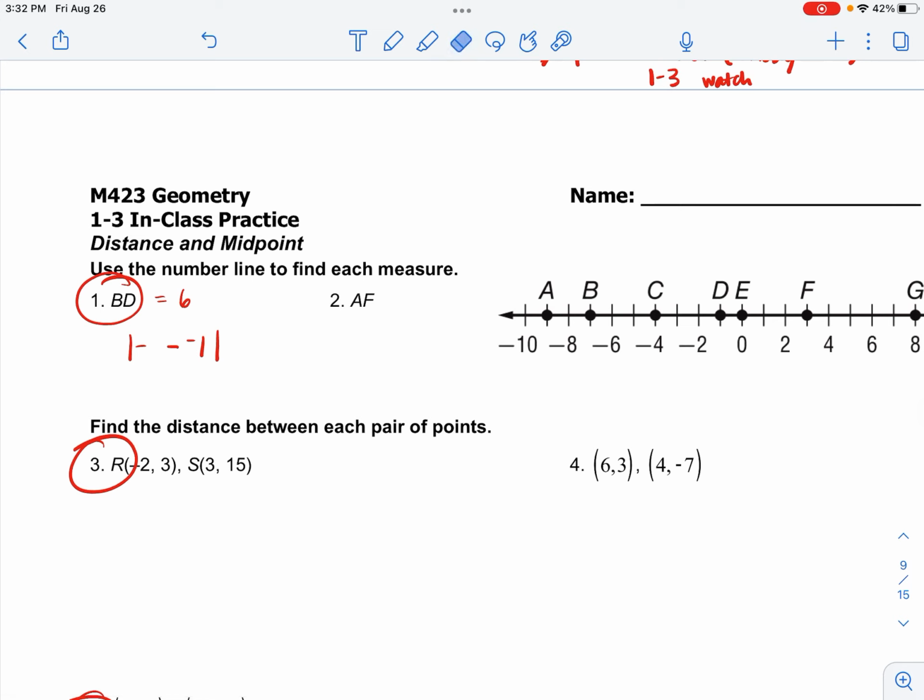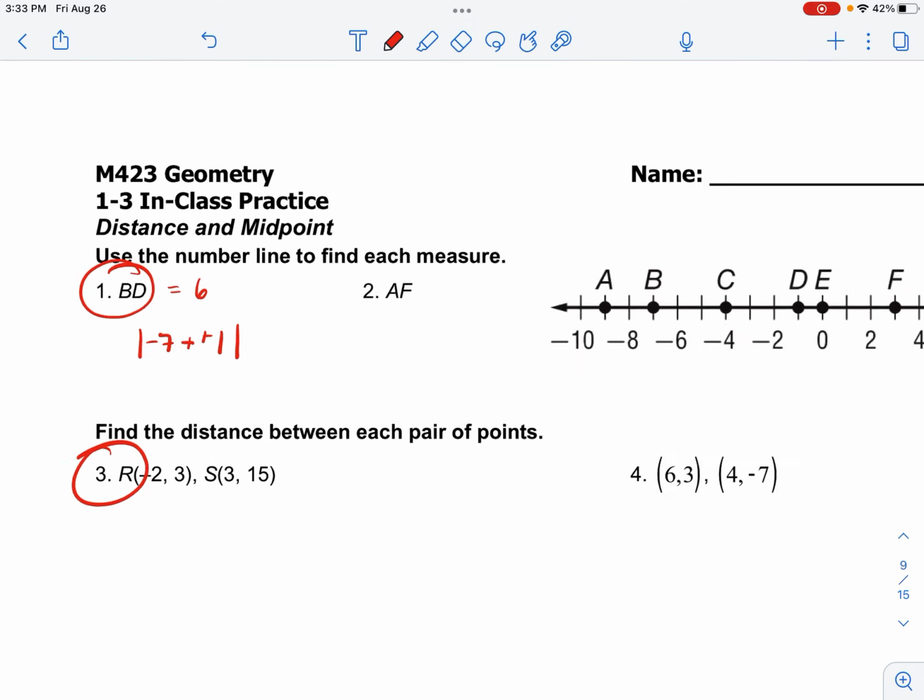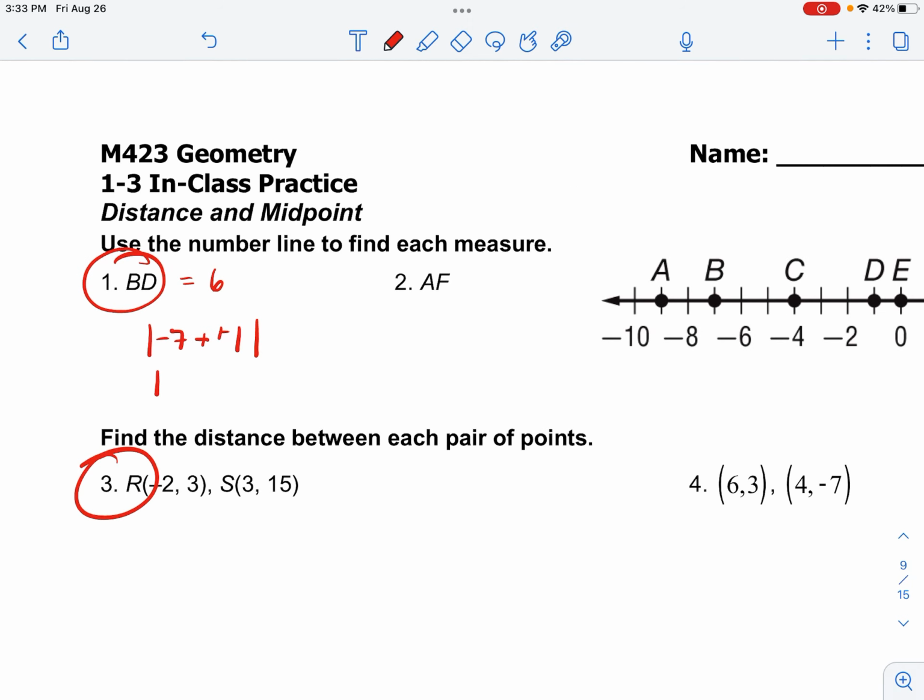That's a 7. Whoops. Good thing I caught that. -7, and then -1. And if you notice, we have two negatives in a row, a minus and a negative, and we turn those into plus a positive, and we get the absolute value of -6. And the absolute value of -6 means BD is equal to 6, as we just got.